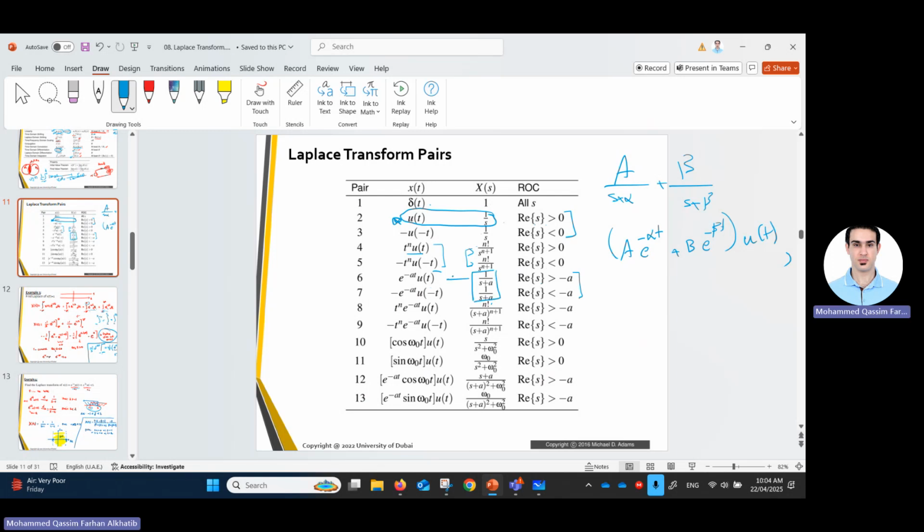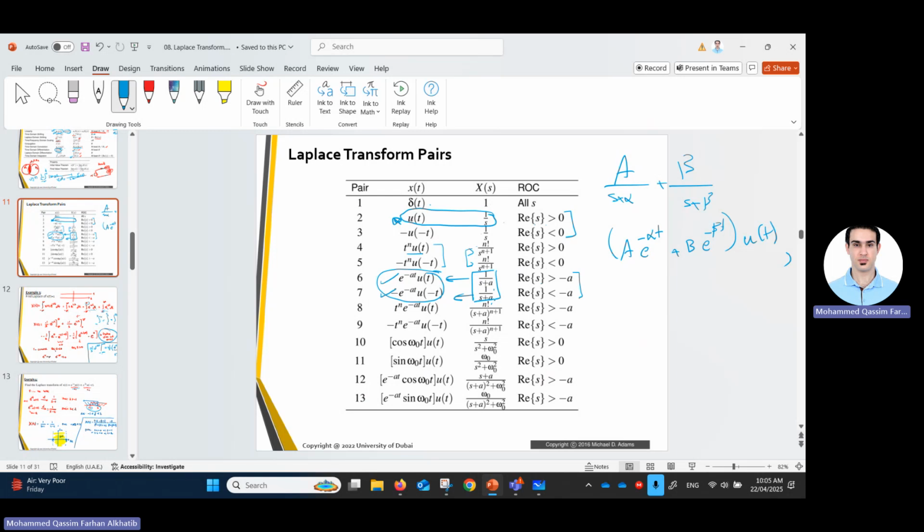So I could get this one, or I could get the other one. The first one is e to the power minus at u of t. That's a causal system because I have u of t. Then the other one, I have negative, same exponent, u of negative t. This is not causal because I have negative time. So both of them are correct inverse Laplace transforms for this.